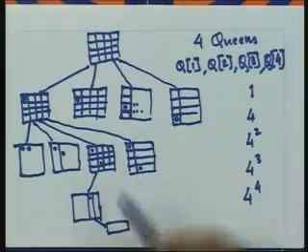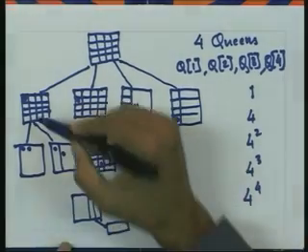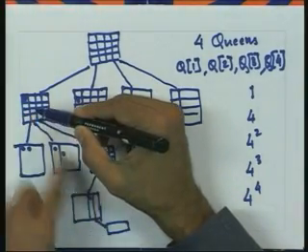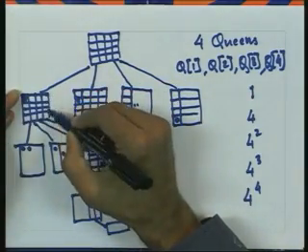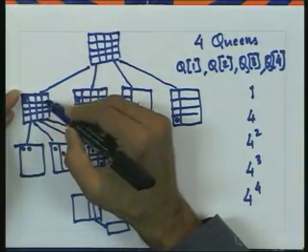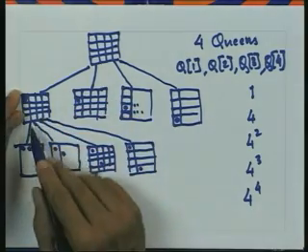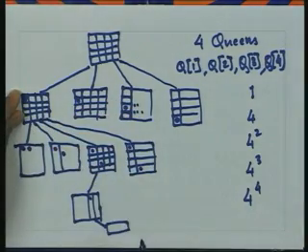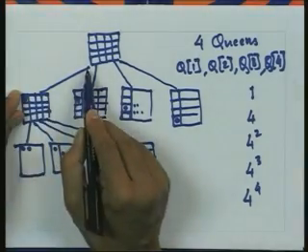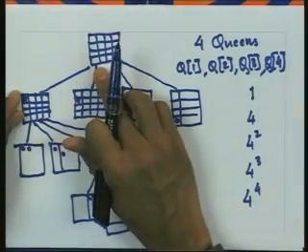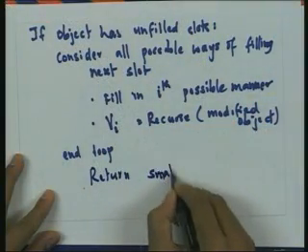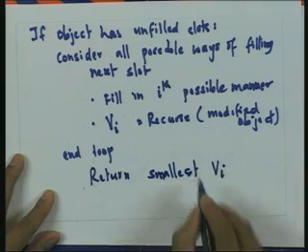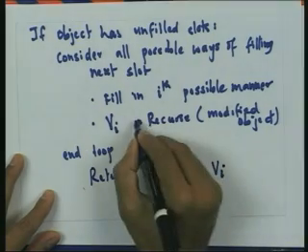So starting at this, we will be visiting this, this, this, and this, and we are going to associate with this node a cost function, which is the value of the smallest cost function found anywhere over here. That way we can return that, and eventually we'll make sure that the smallest cost gets returned to the top. So here we are going to be returning the smallest v sub i calculated above.